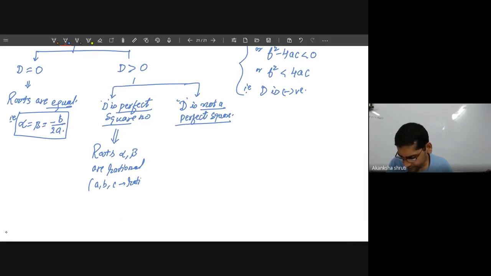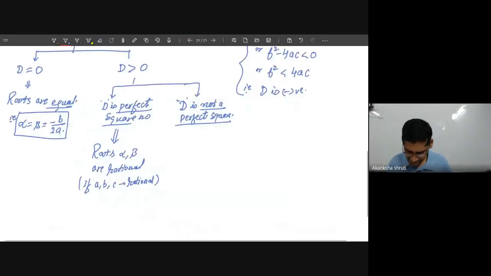If they are themselves irrational, then it is possible to get irrational roots. But those situations are not considered at your level, if a, b, c are irrational.